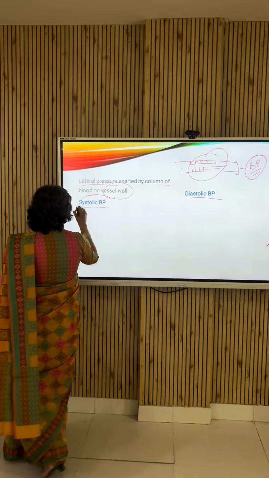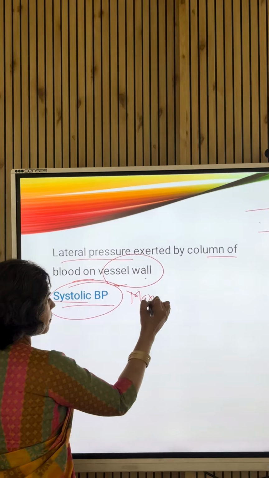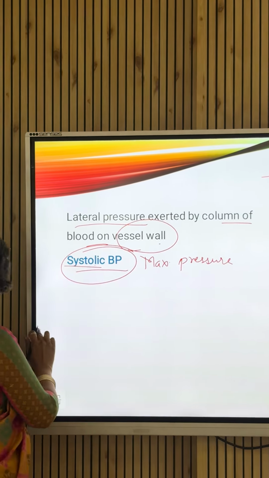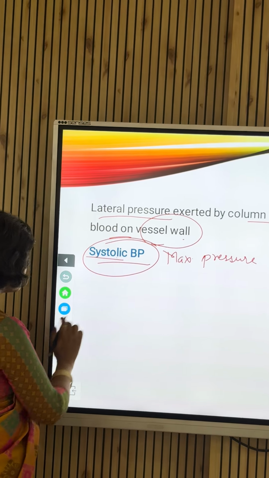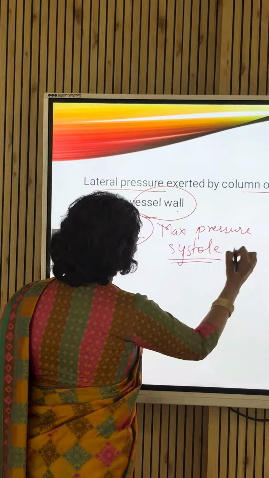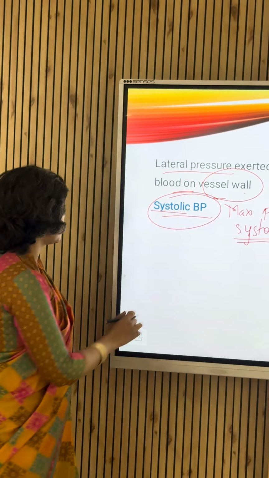So what is systolic blood pressure? As the name suggests, it is the maximum pressure that is exerted during the systolic phase of the cardiac cycle. It is called systolic blood pressure.